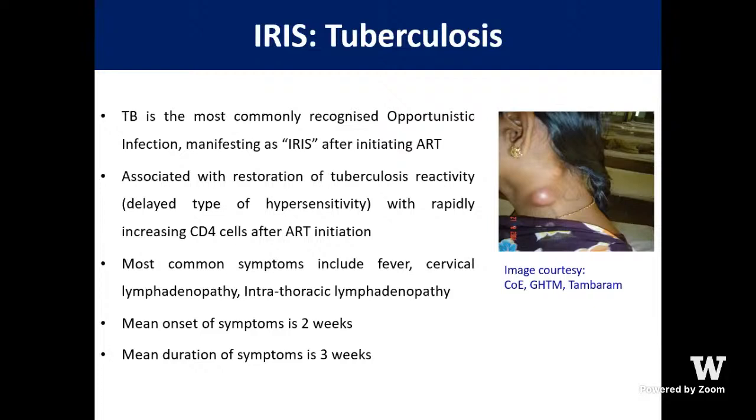As a part of the program, you should have an interaction with your surgical colleagues. Usually in busy surgical practice, they will pick out the specimen and put it in formalin. So we cannot make use of our liquid culture and GeneXpert. You have to interact with your surgery colleagues and tell them that one portion should go in normal saline for GeneXpert, and you can make use of it for liquid culture also.